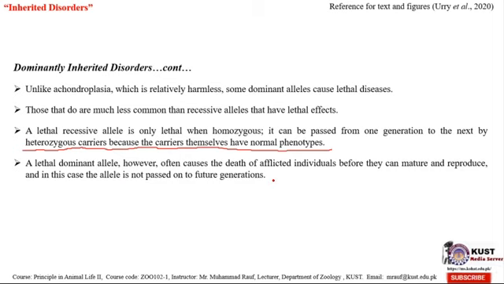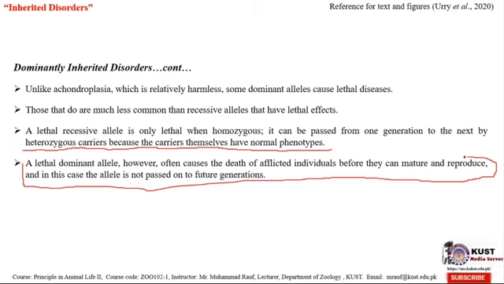So therefore, although dominant genetic disorders are caused even if one allele is defective, the frequency of dominant genetic disorders in the population is quite low because the affected individuals do not make it up to the reproductive age.